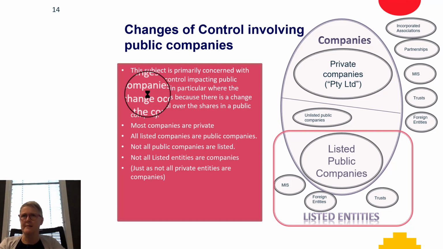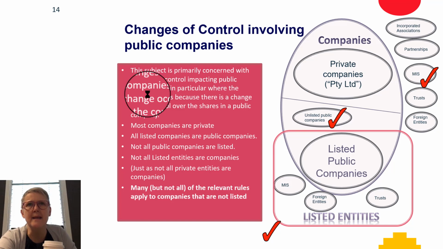So the way that an incorporated association takes over another incorporated association, I think there are plenty of movies about bowling clubs that become croquet clubs or the other way around. The regime here makes absolutely no difference in relation to those.